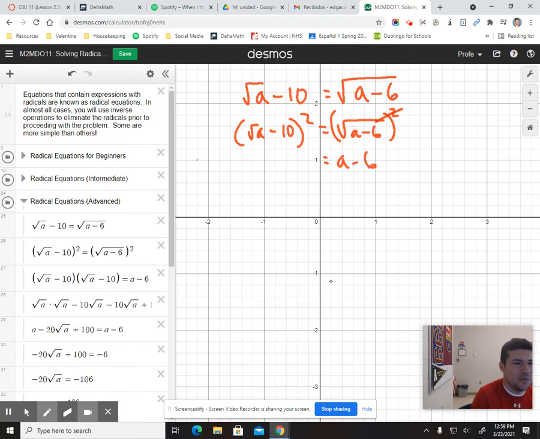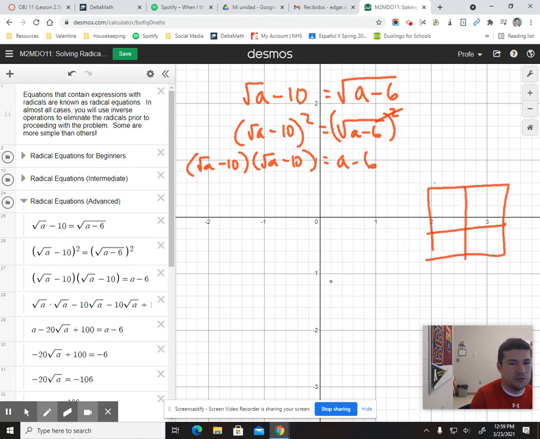Your left side, though, you got to think about it. I've got a binomial, so I'm going to have to say square root of a minus 10 times the square root of a minus 10. All right, which for those who have a tough time multiplying binomials, no big deal. Think of them as two factors, right? Square root of a times the square root of a is a.